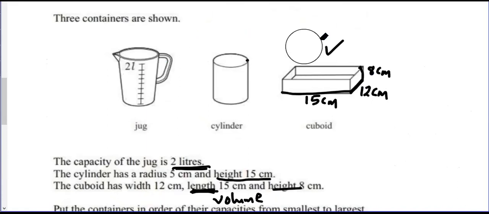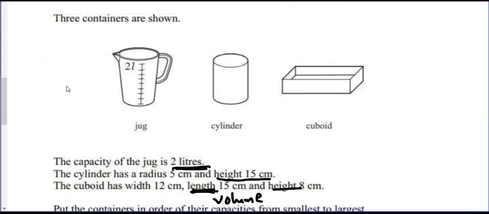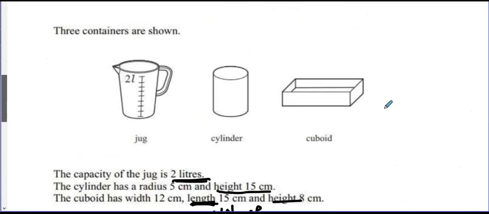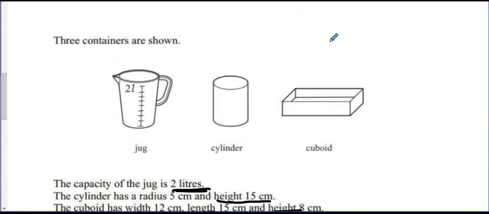How do we change 2 liters into centimeter cube? You have to know that 1 liter equals 1,000 centimeter cube. So from today, you have to know that 1 liter equals 1,000 centimeter cube.